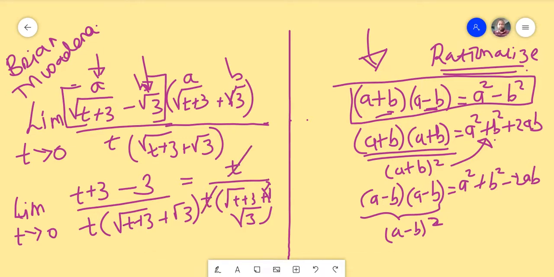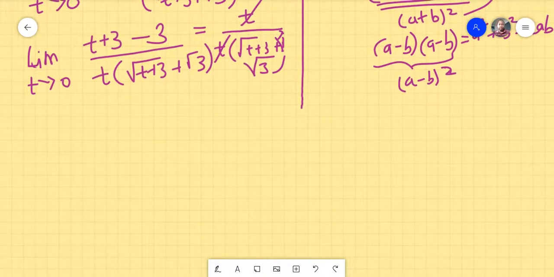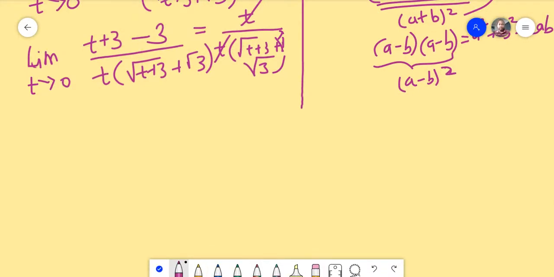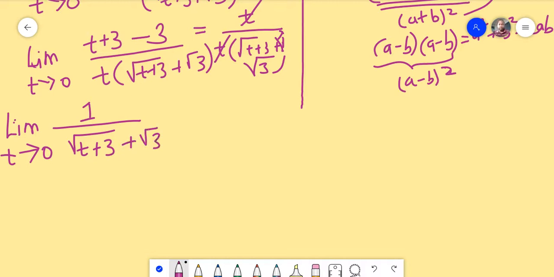So we can write our limit as the limit as t approaches 0 of 1 over root t plus 3 plus root 3.